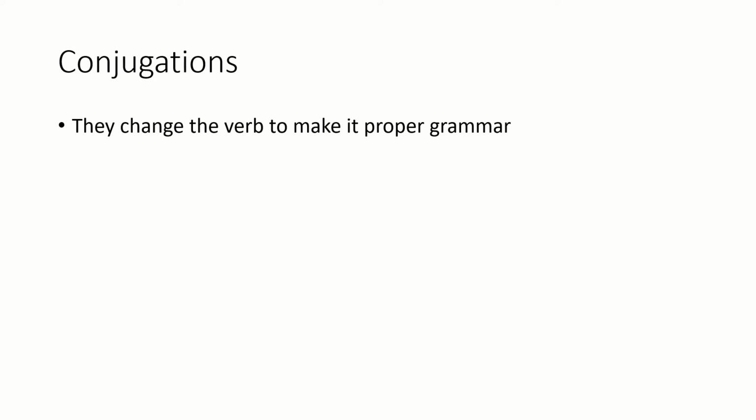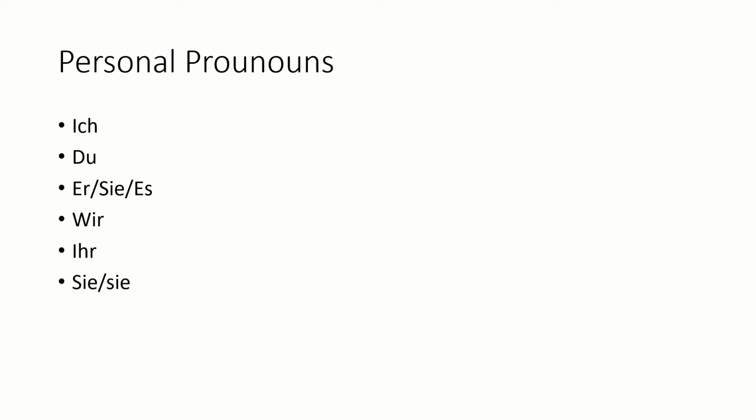So now we're going to be talking about conjugations of the verbs. They change the verbs to make them proper grammar, so they're used properly. First we have to know the personal pronouns. I taught this in a video a couple of videos ago.